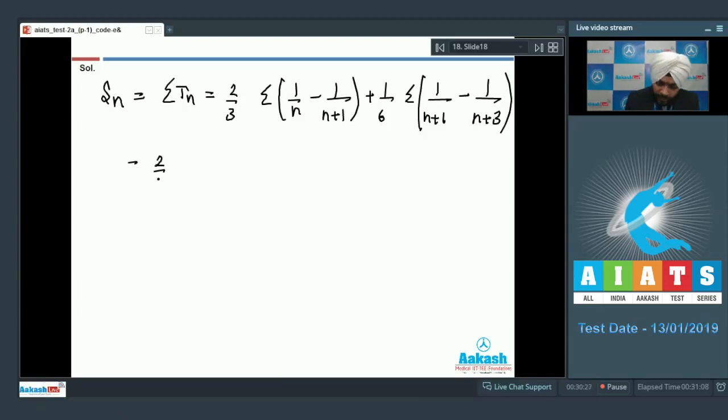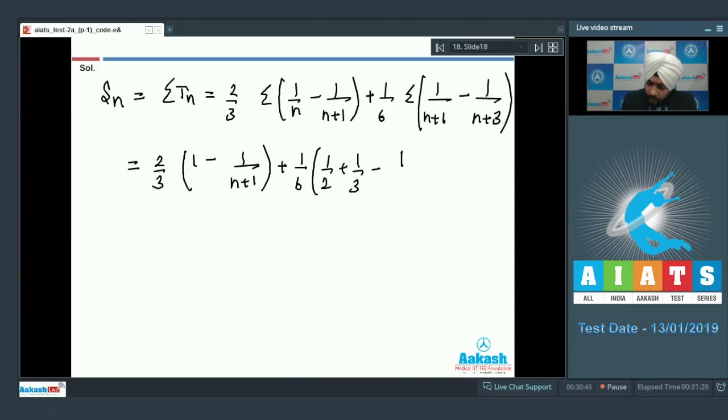So the sum will be 2 by 3, first term and the last term. And in the second half, that has a factor of 1 by 6 with it, two terms will be remaining in the starting, two terms will be remaining in the end. So the two terms of the starting are 1 by 2 plus 1 by 3, minus 1 upon n plus 1, minus 1 upon n plus 3.